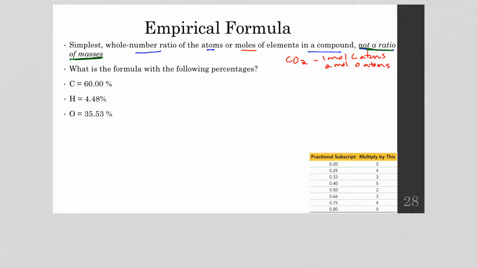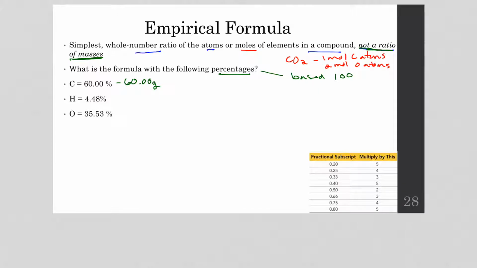Now, we also stated last time that, remember, anytime we have percentages, right, they're based on 100. Right? So if I have 60% carbon, what that tells me is I have 60 grams of carbon in any 100-gram sample.